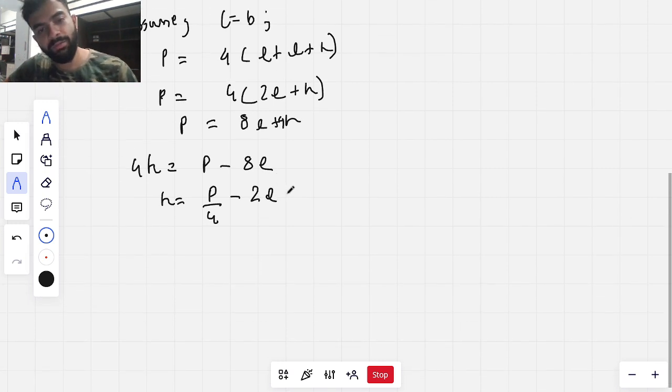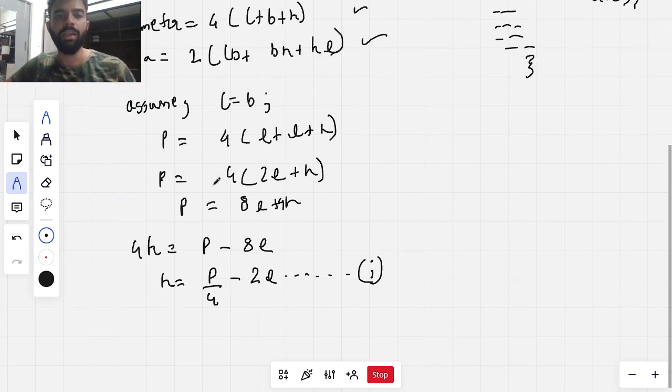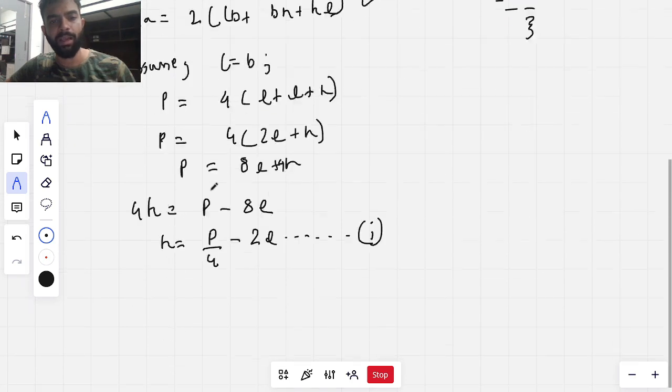So this is my derivation number 1. I'm going to find the height like this. This is my height. Now I also know another formula, which is my area.